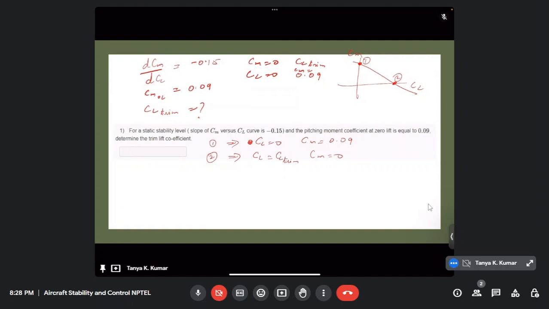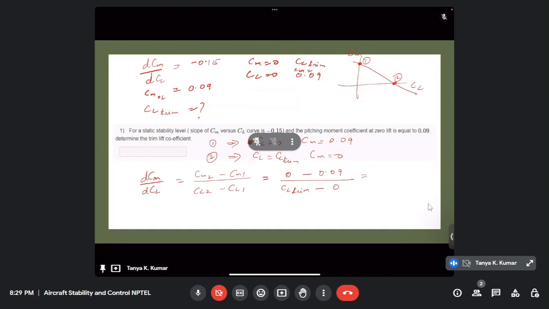You take the slope, that is dCm by dCl equals Cm2 minus Cm1 by Cl2 minus Cl1. Cm2 is 0, Cm1 is 0.09, Cl2 is Cl trim minus 0. Correct? Now you can find out Cl trim.